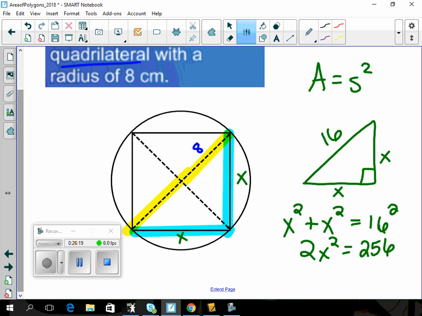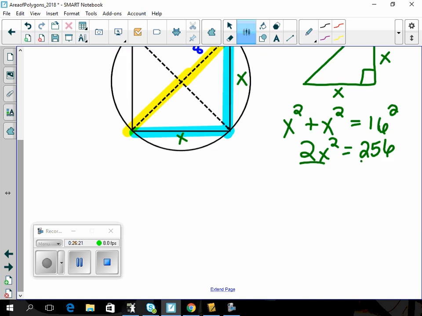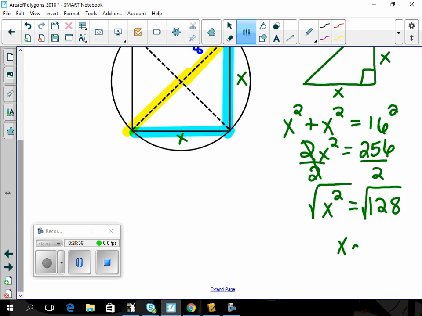How do I solve this for x? Divide by 2. Great. So what is 256 divided by 2? 128. How do I solve for x? Square root. Good. So what's the square root of 128? 11.3.